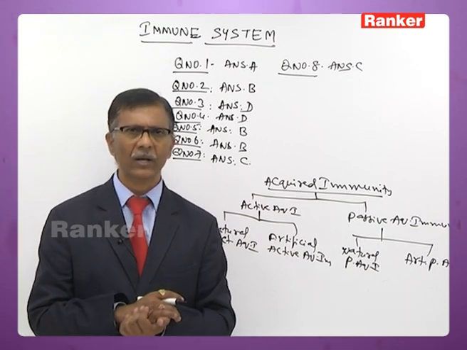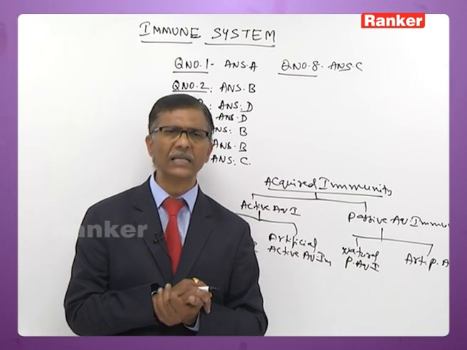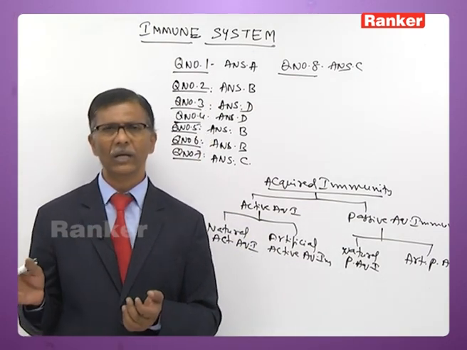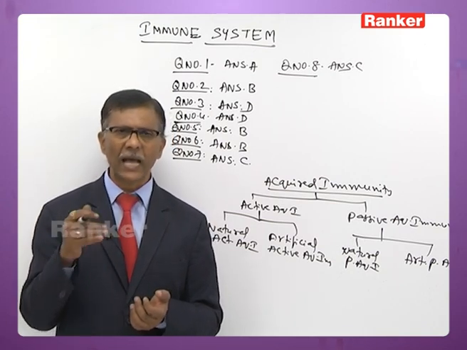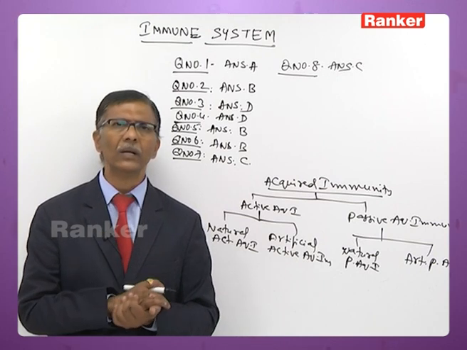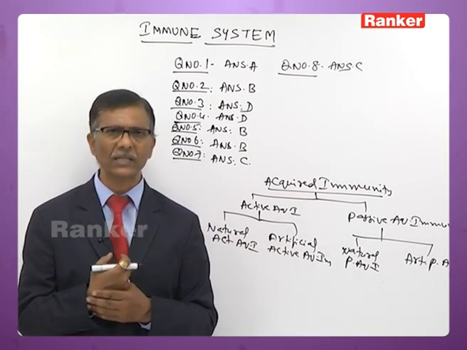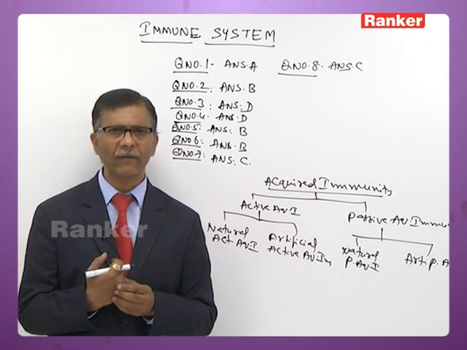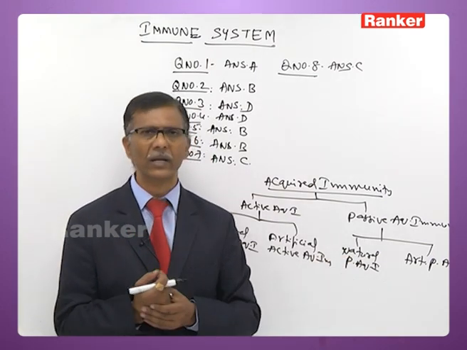During gestation, certain antibodies like IgM and IgG are transferred from the mother's blood to the fetus through the placenta. Then soon after birth, as the mother starts feeding the baby, antibodies like IgA are transferred from the mother's milk to the infant. So that comes under natural passive acquired immunity.